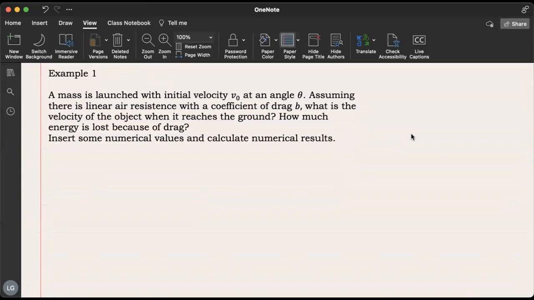is our strategy. First, we're going to figure out the range so we can figure out the time of flight. And once we have the time of flight, we have expressions from what we did in class for the x and y components of the velocity.